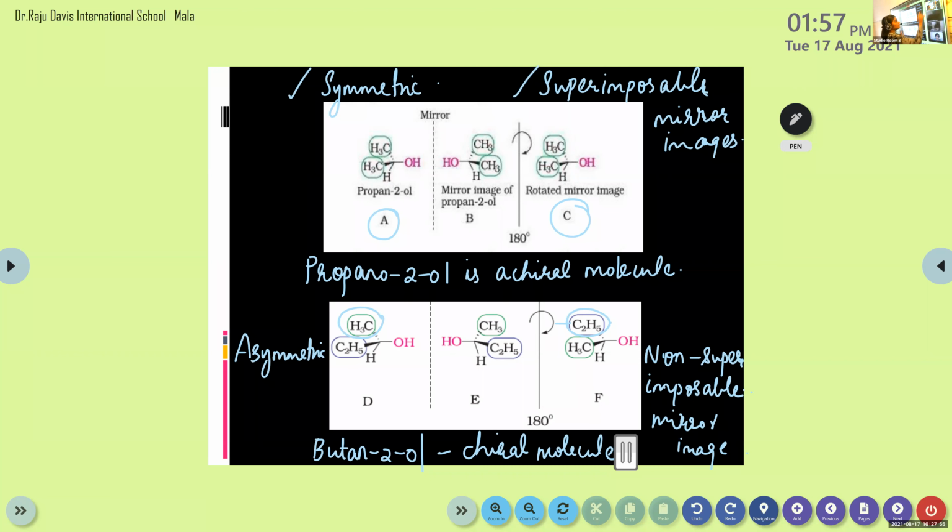The first example? That is achiral, because it is symmetric and has a superimposable mirror image. So it is achiral. Butan-2-ol is chiral. Clear? Yes, ma'am.